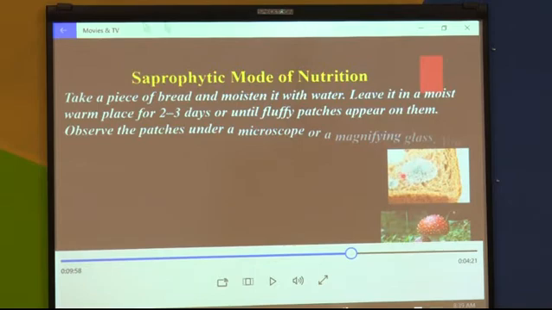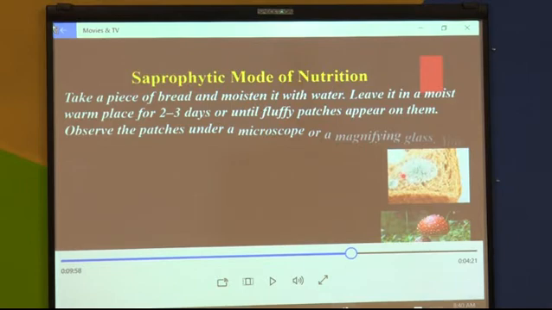Also you have observed sometimes we keep bread in our fridge or at home, and after 5-6 days we forgot to eat it, and we can see that fluffy patches appear on it after some time.